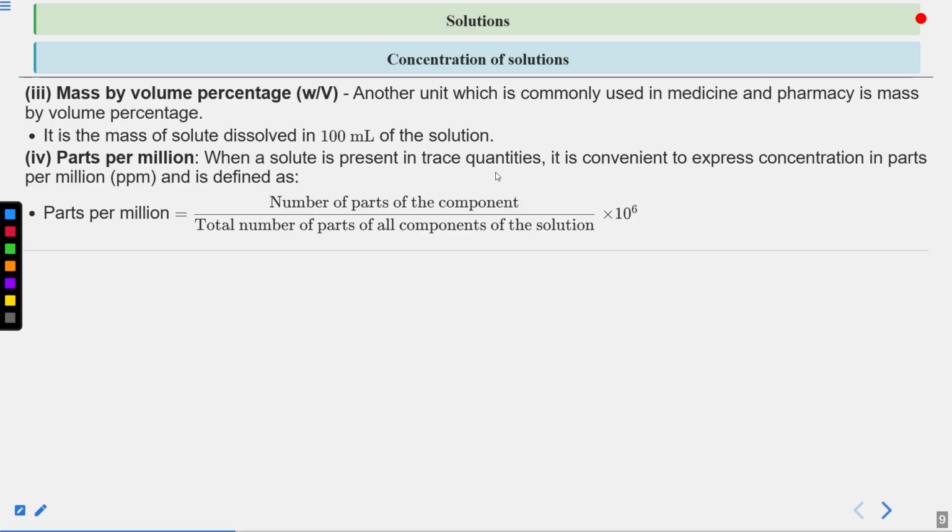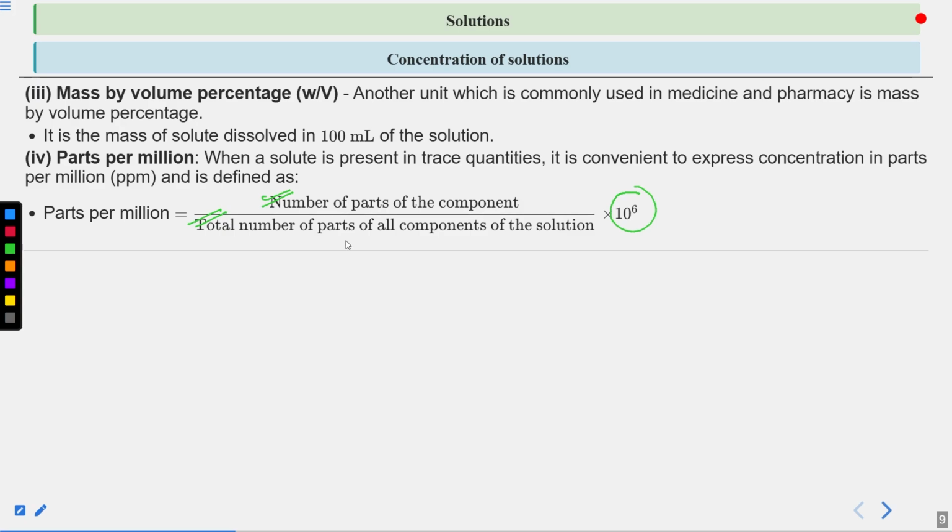What is that? So it's very simple to think of. What we have done initially is we have taken 100 as the multiplying factor. Here we have taken 10 to the power 6. And the rest of the fraction, which is the number of parts of the component by the total number of parts of all components of the solution, can be described in terms of mass or in terms of volume.